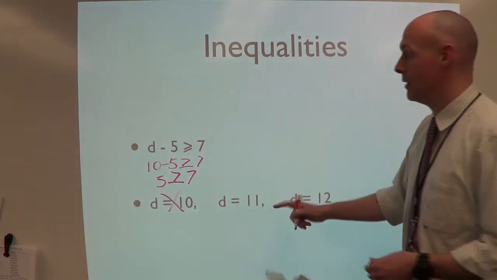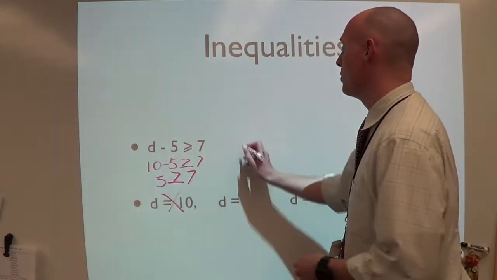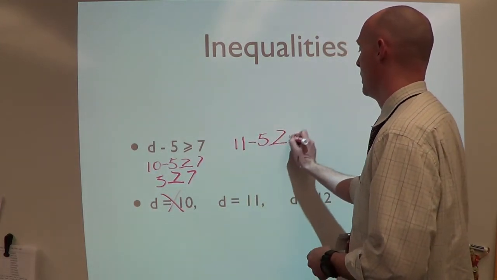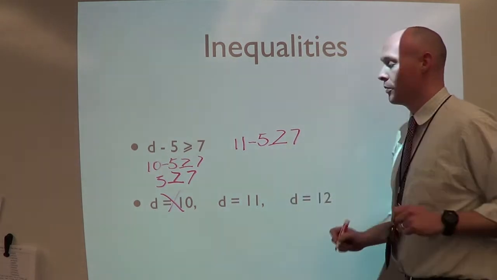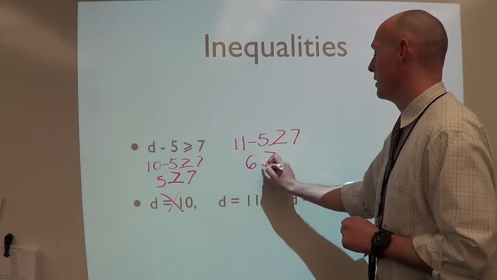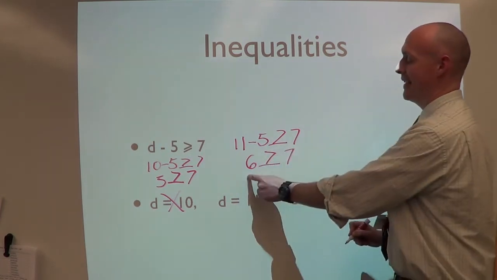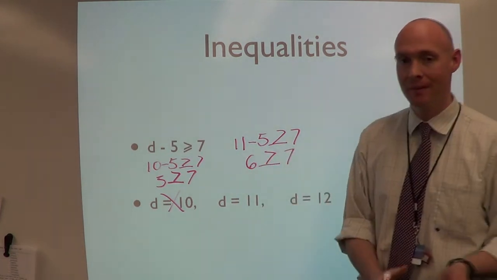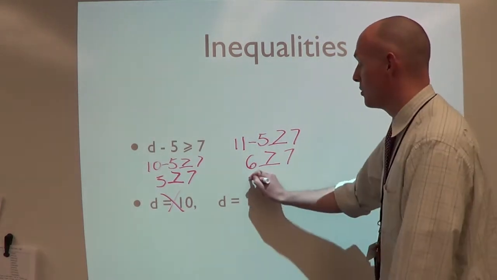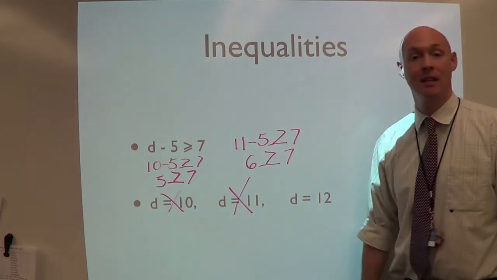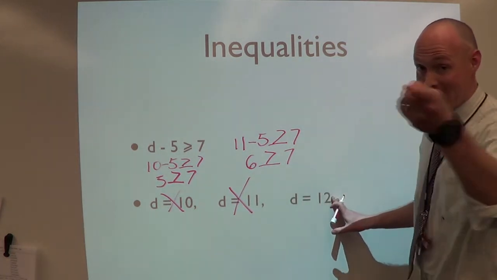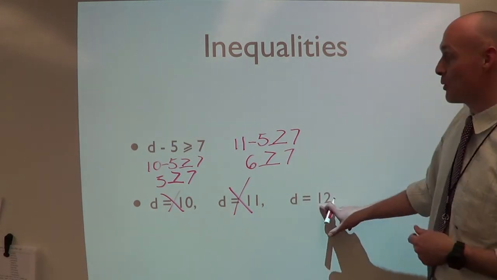Let's try 11. If d equals 11, we're going to put 11 minus 5 is greater than or equal to 7. 11 minus 5 is 6. Is 6 greater than or equal to 7? Well, it's not greater than, and it's not equal to, so therefore, d cannot equal 11. I'm hoping this one works, but let's find out. d equals 12.